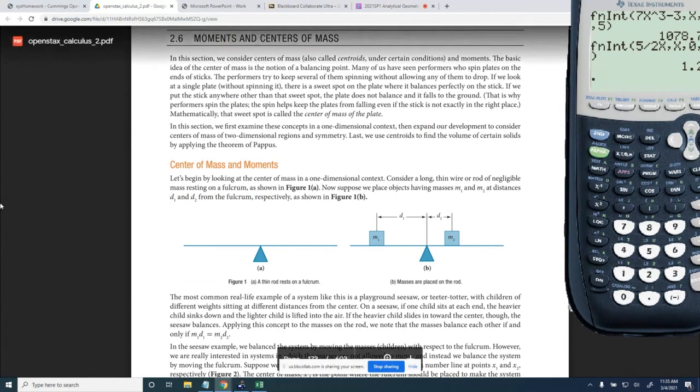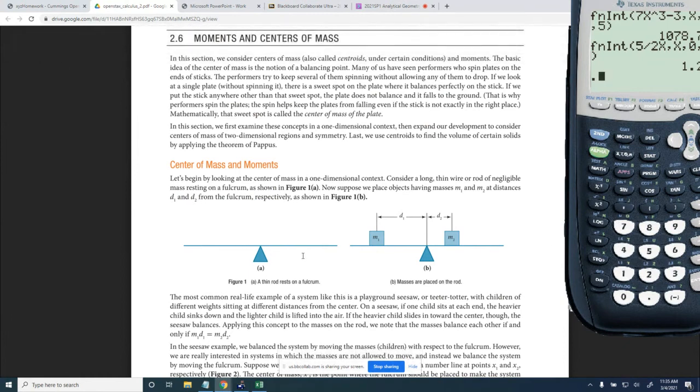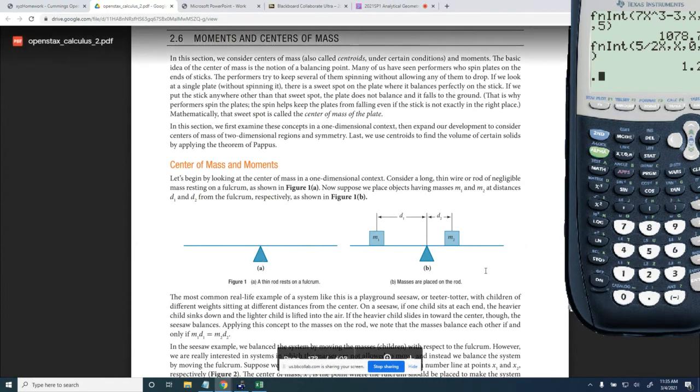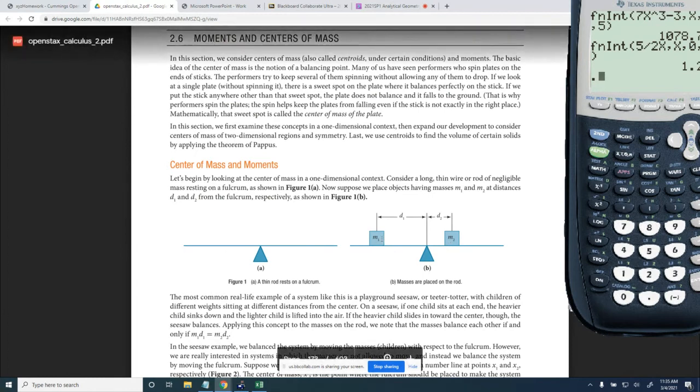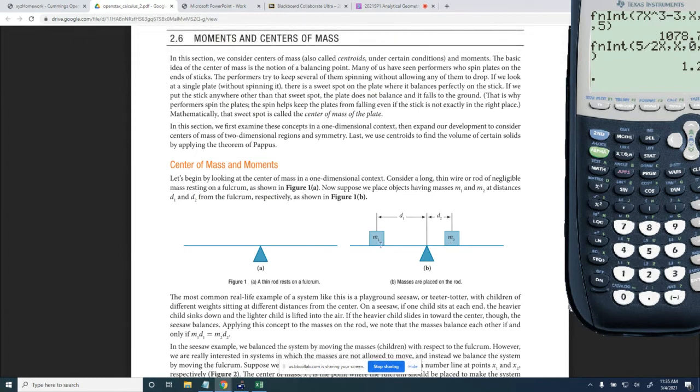Just to introduce this, notice here we basically have a seesaw or teeter-totter, and this triangle represents the fulcrum or the axis. Next, we have 2 objects. This first object is called M1, and it has a mass which is unknown at this point. It also has a distance from the fulcrum.